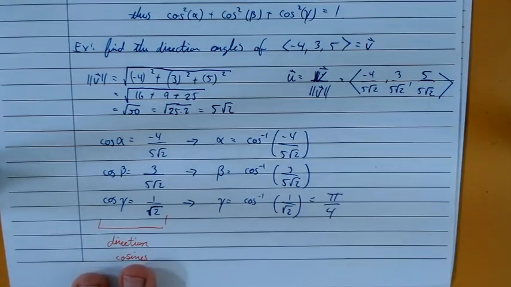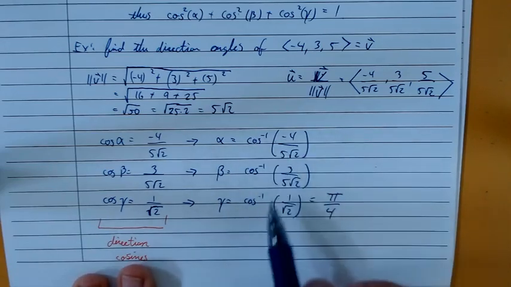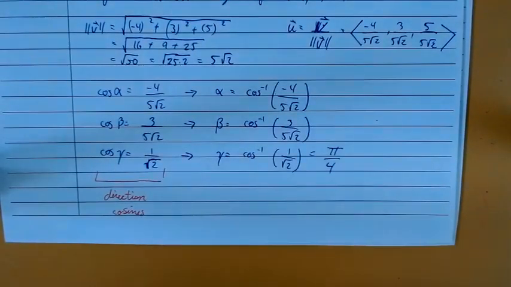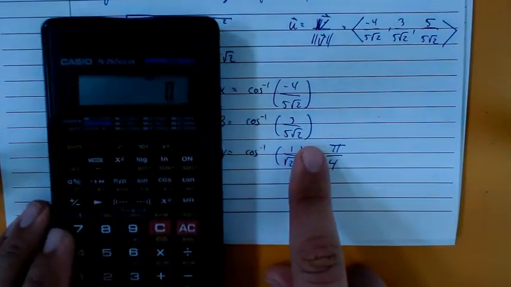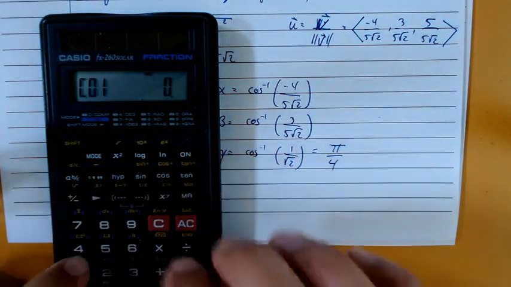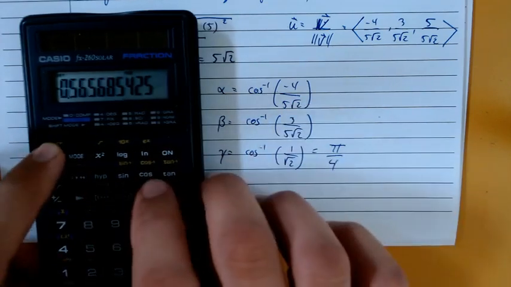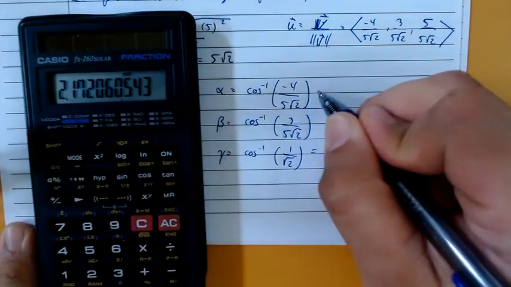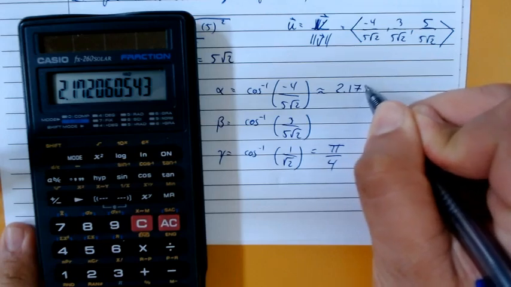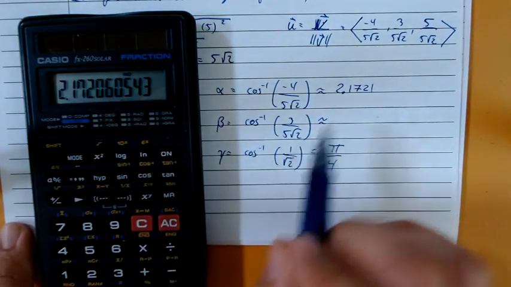Here, I don't know these off the top of my head. So here we could go through and try to find some more precise values, but I think we'll just grab one of these. Let's see here, -4 over 5 times root 2. I'm going to take the inverse cosine of that, and that'll give me approximately 2.1721. And that's in radians. If you prefer degrees, all right, whatever.